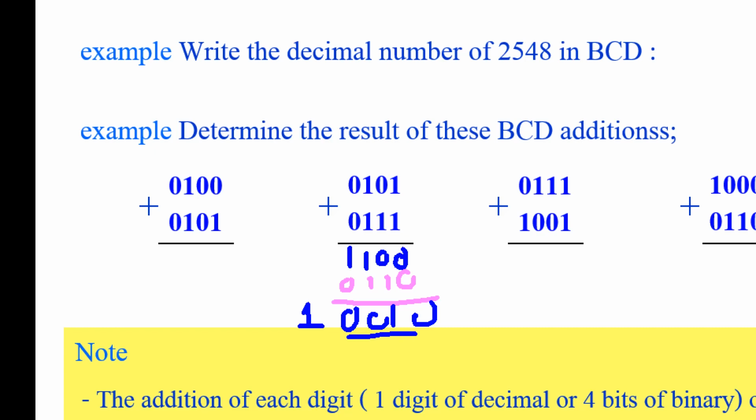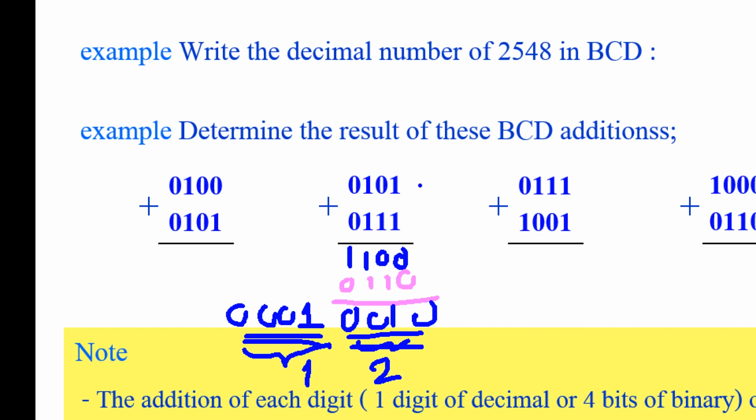So for this 4-bit, it's 0010. And this carry out becomes the next digit, so it will be written as 4 bits something like this. So the result is what? In BCD, this is 1, this is 2. So it's 12.